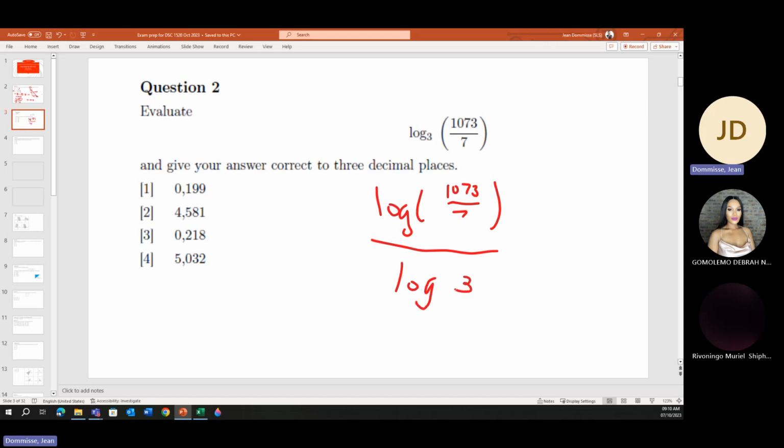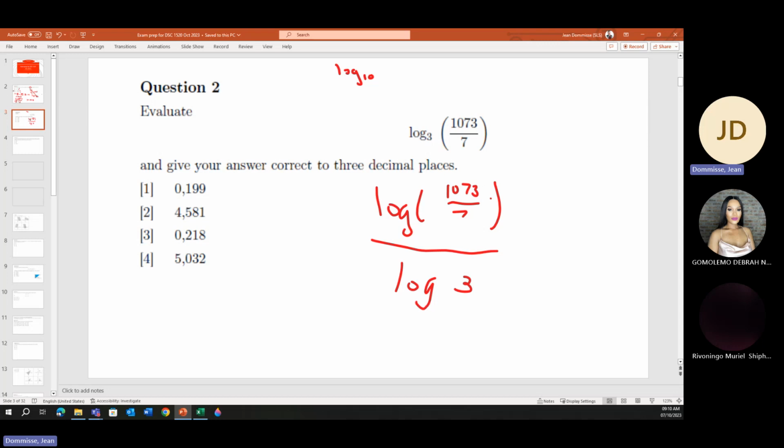Okay, so normally, and I think what is also important, when we use our normal log function on a calculator, that normally always refers to log 10. So hopefully if you use a Sharp calculator, you can calculate that.